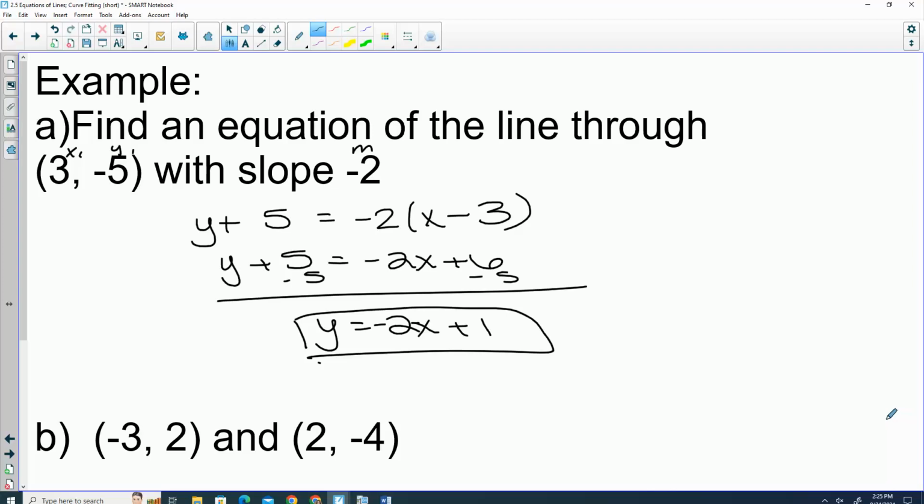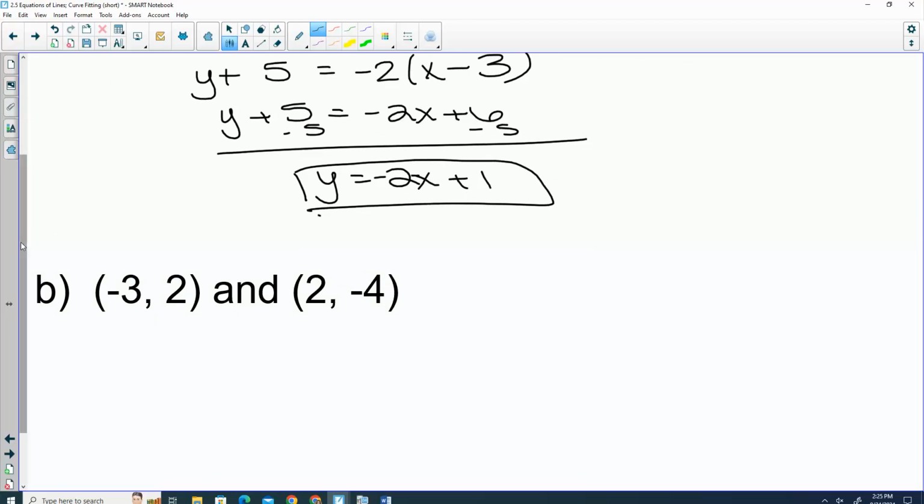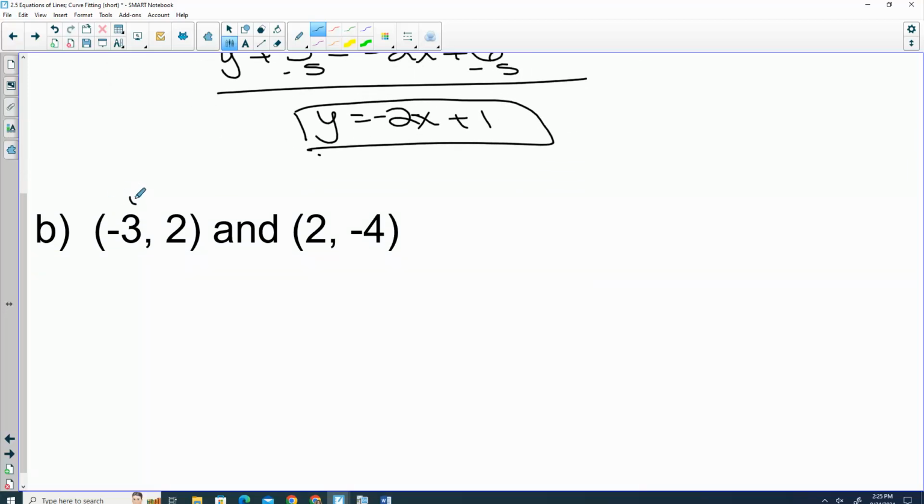What if, instead, I gave you 2 points? What would we have to do? We need our slope between those 2 points. And we were doing that last week, so that should be fairly fresh. And if you need to, you can label them x1, y1, and x2, y2. If you don't need that, that's fine.